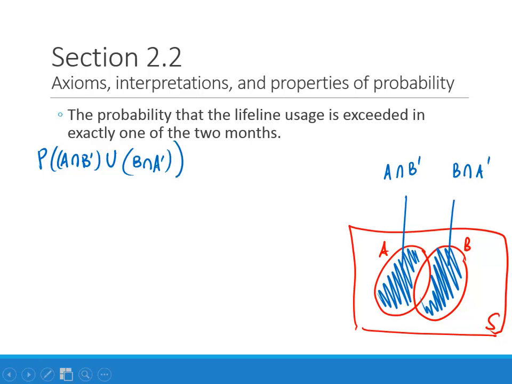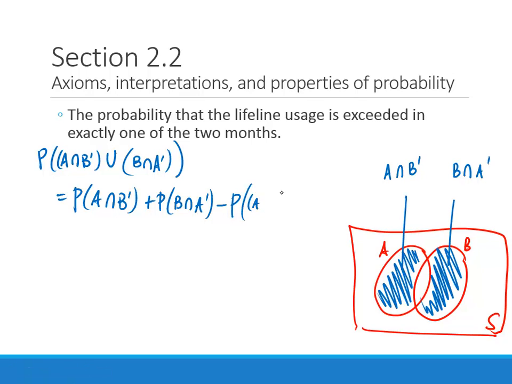Again, I have the probability of one event union with another event, so I can use my general addition rule here. Plus probability of B intersect A complement minus the intersection of these two things: A intersect B complement intersect A complement intersect B. So I'm just using my general addition rule here, to show you a different way to get to the same answer that was just given.